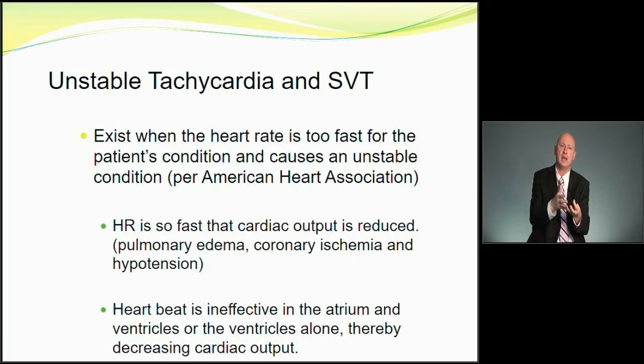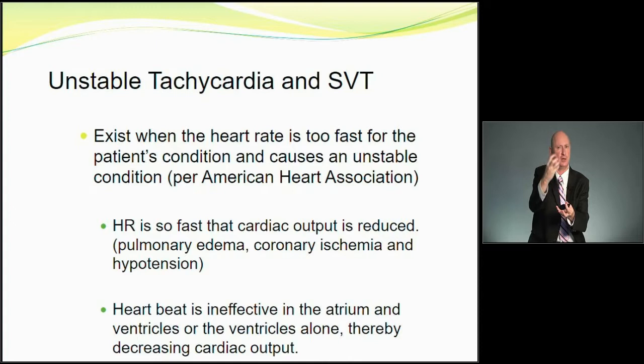All right? So unstable tachycardia is going to be that tachycardia that's 100 to about 149 or 150. Above 150, we say the patient has supraventricular tachycardia. That means above the ventricles, that heart rate initiated.